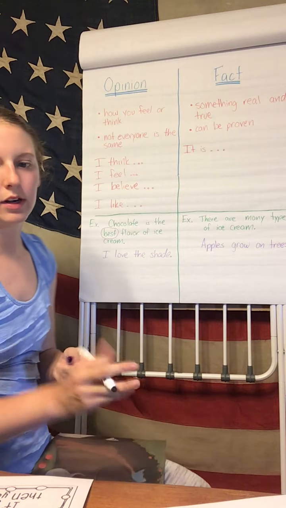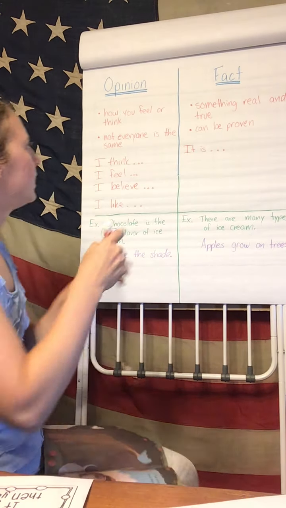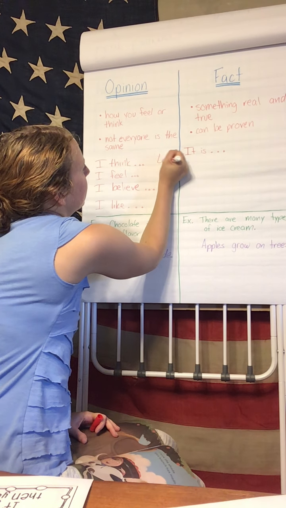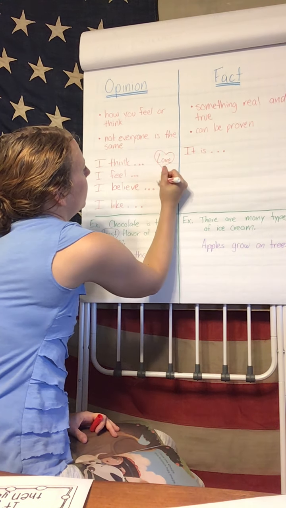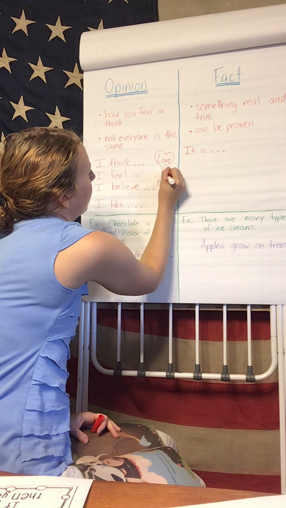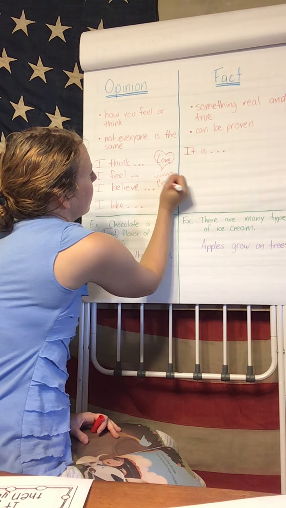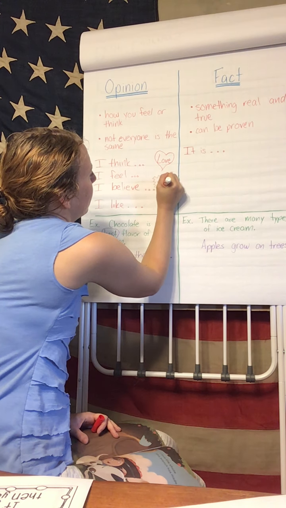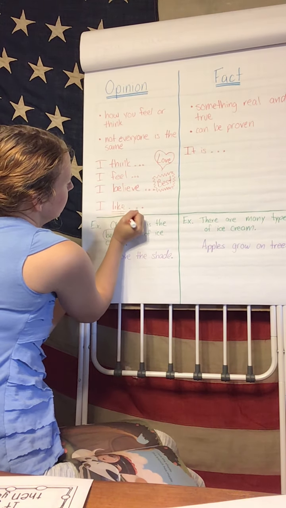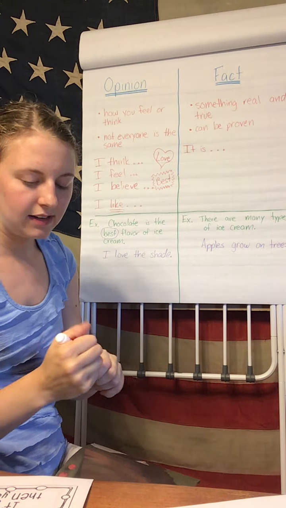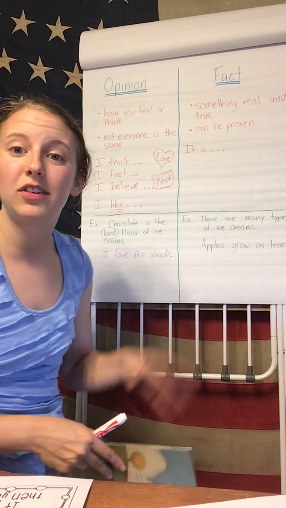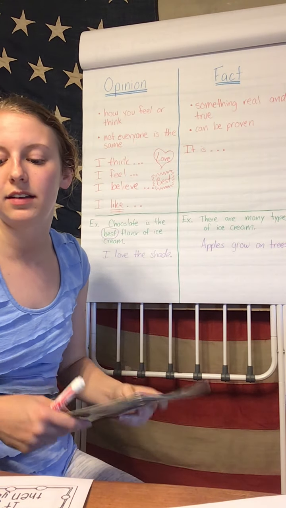So when you see words like love or best or like, those are all hints that that's an opinion. That is how someone else feels or thinks.